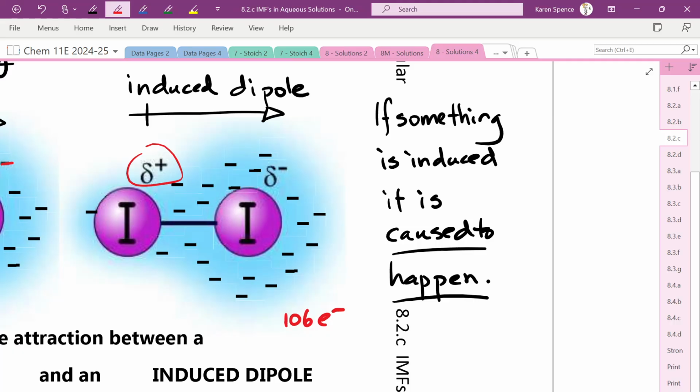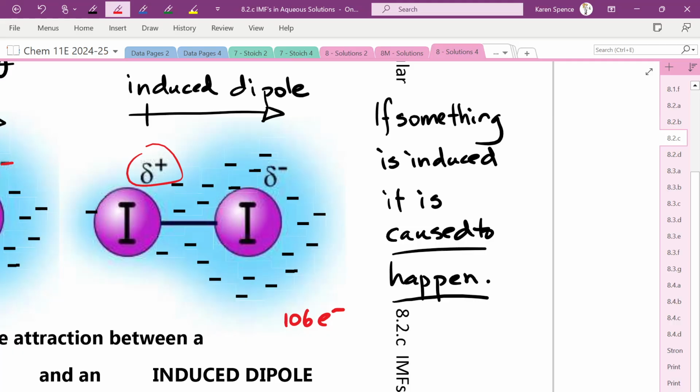Then we move to chlorine, which has only 34 electrons. How big are its partial negative and partial positive charges going to be? Not very. And that's why when a chlorine molecule passes by another chlorine molecule, it's unlikely that they're going to have enough force to cause them to come together and condense. Yeah?